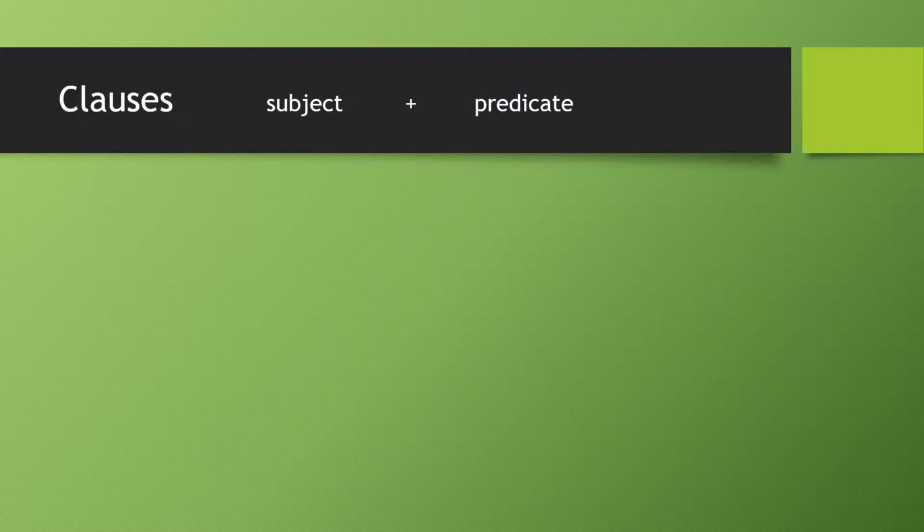Now remember, clauses contain a subject and a predicate. All clauses contain a subject and a predicate, which sets them apart from phrases, which do not contain both a subject and a predicate.